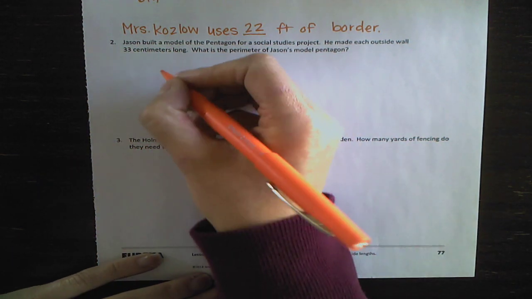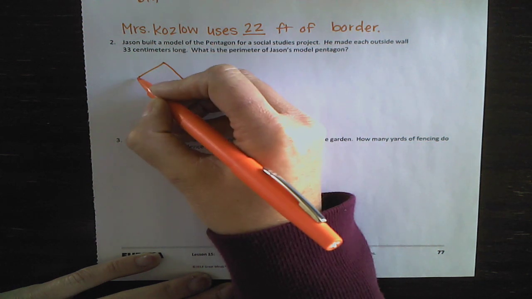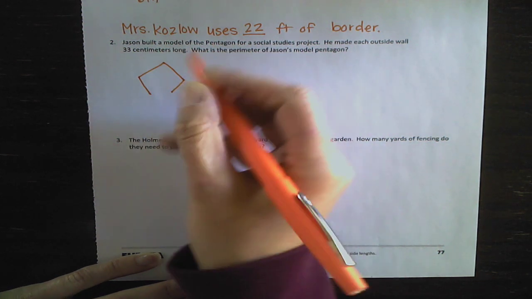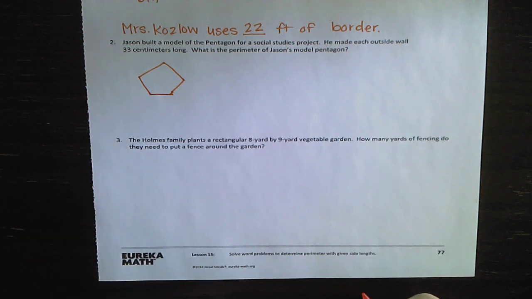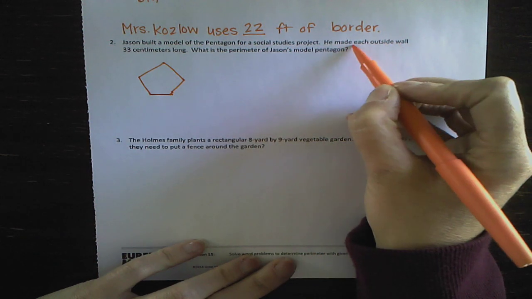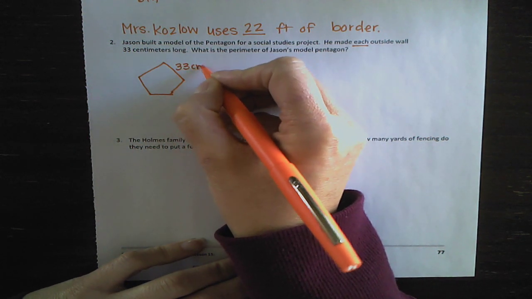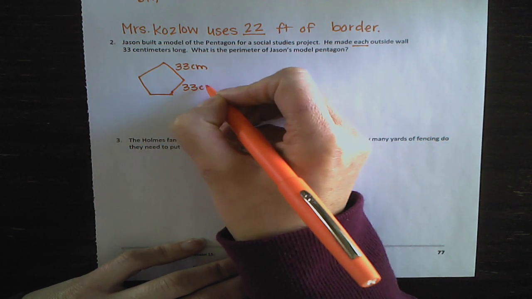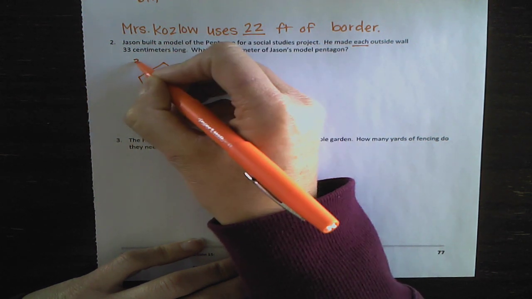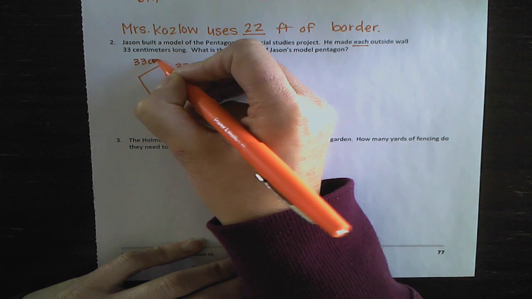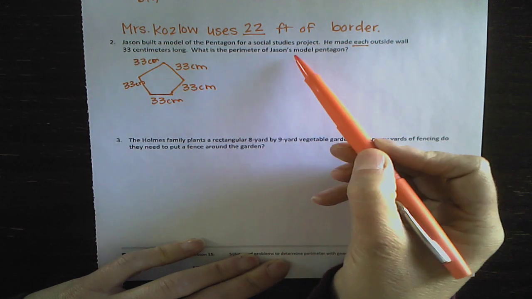The Pentagon looks like this. It's kind of like, I don't know how to describe it. But each outside wall was 33 centimeters. So this was 33, this is 33. They're all 33. So our task is to figure out the perimeter.